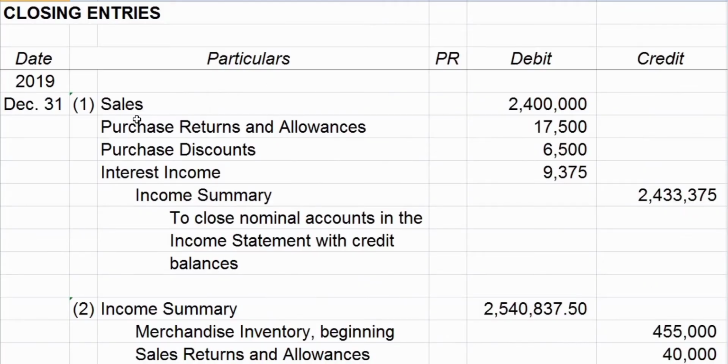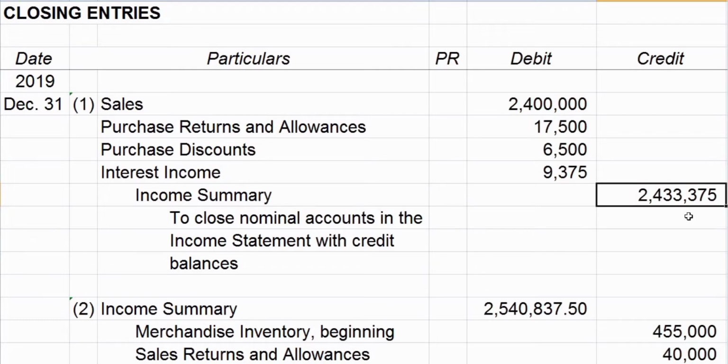Having debited sales, purchase returns and allowances, purchase discounts, and interest income, our credit should be to the income summary account for the total of these 4 figures, amounting to 2,433,375.